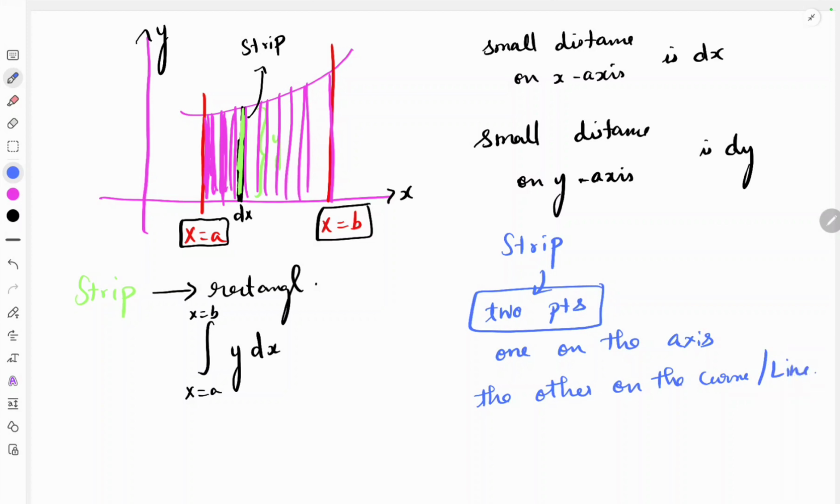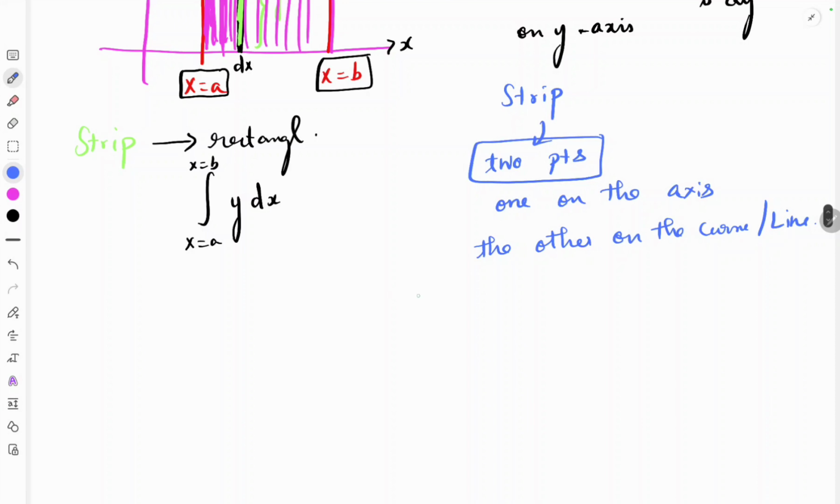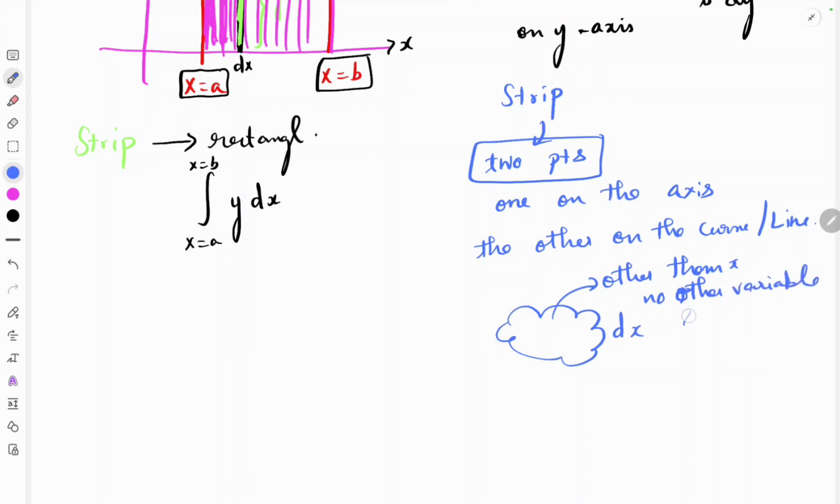So first we should remember, from a to b we have to move the strip. The area of the strip is y dx, and we know from integration itself, if dx is there in the integrand, other than x no other variable should be present. Constants we can have.